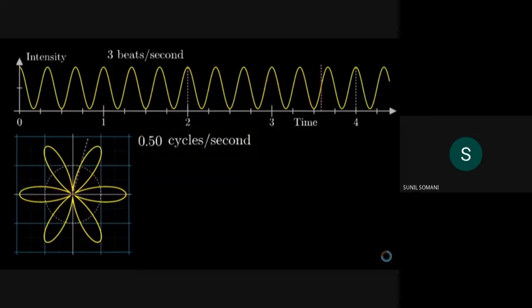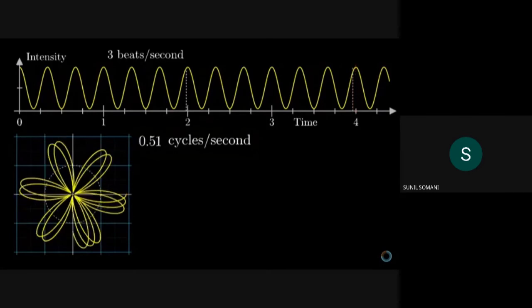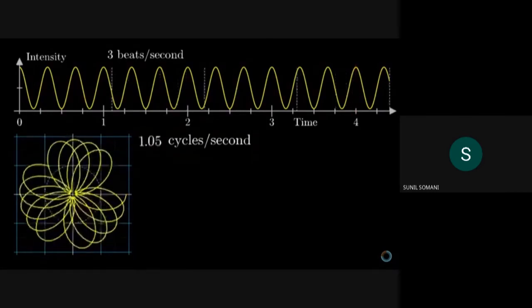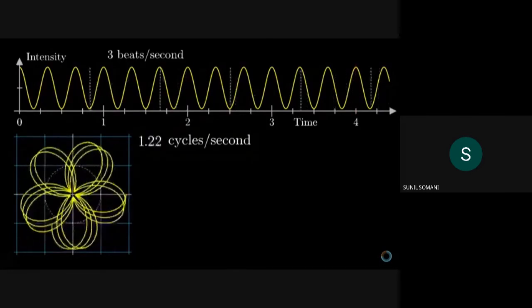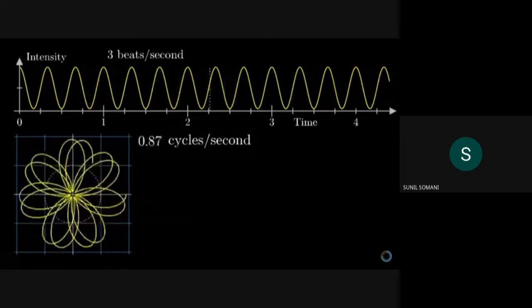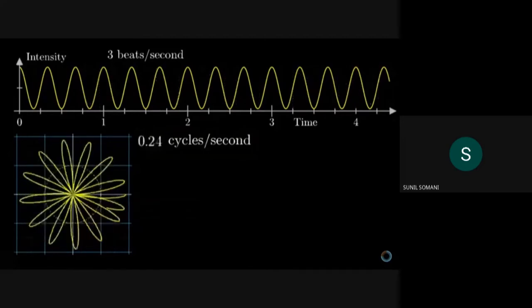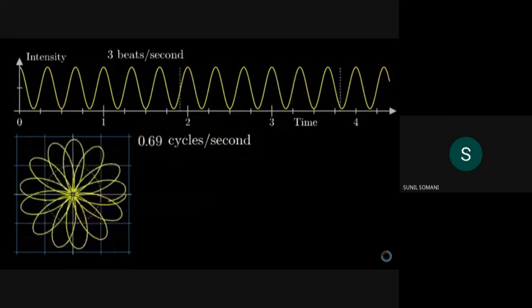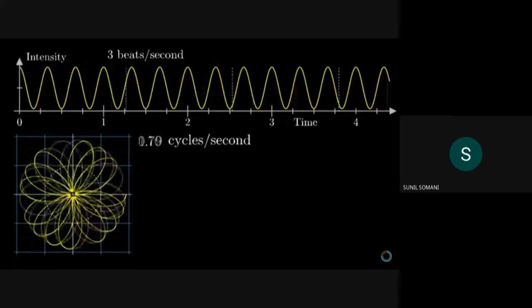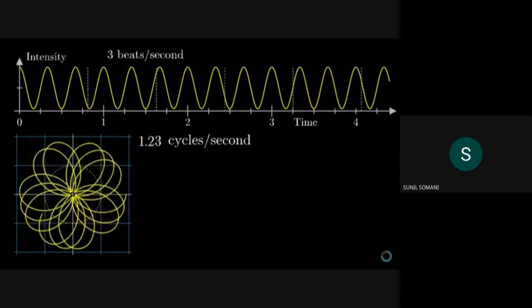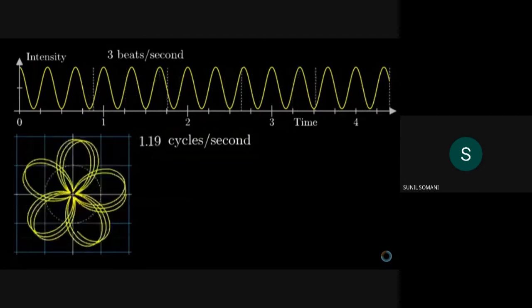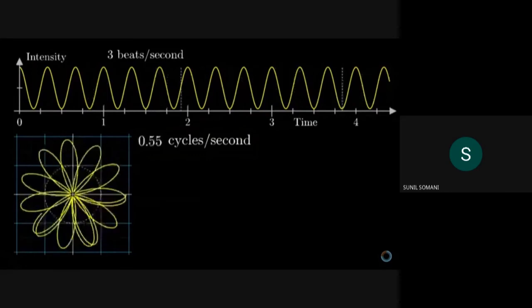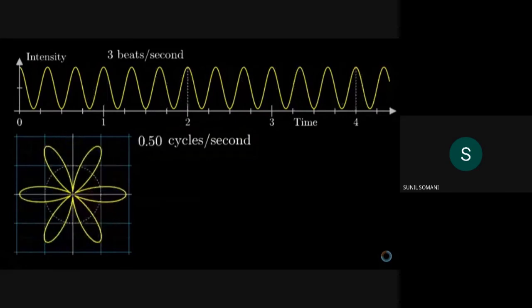But we can adjust that second frequency however we want. Maybe we want to wrap it around faster, or maybe we go and wrap it around slower. And that choice of winding frequency determines what the wound-up graph looks like. Some of the diagrams that come out of this can be pretty complicated, although they are very pretty. But it's important to keep in mind that all that's happening here is that we're wrapping the signal around a circle.